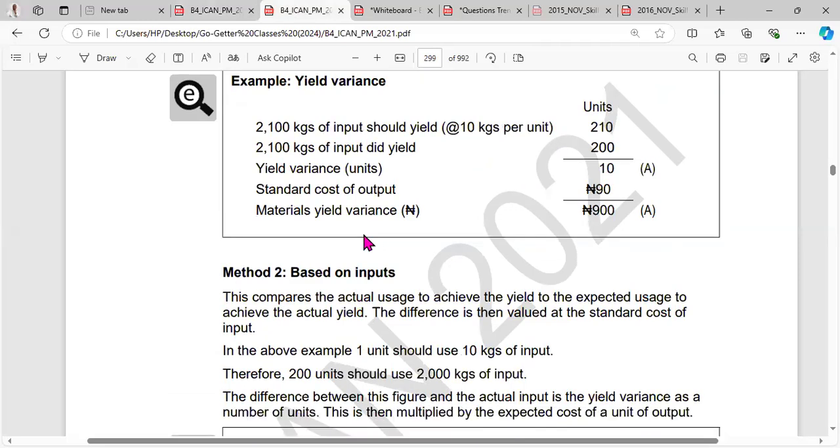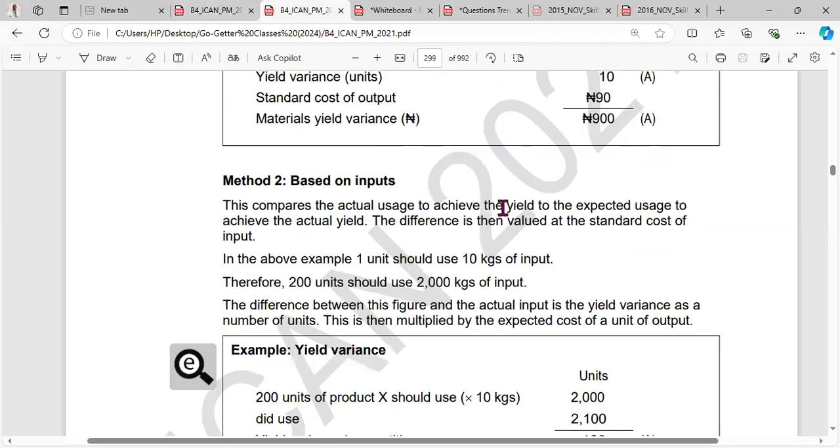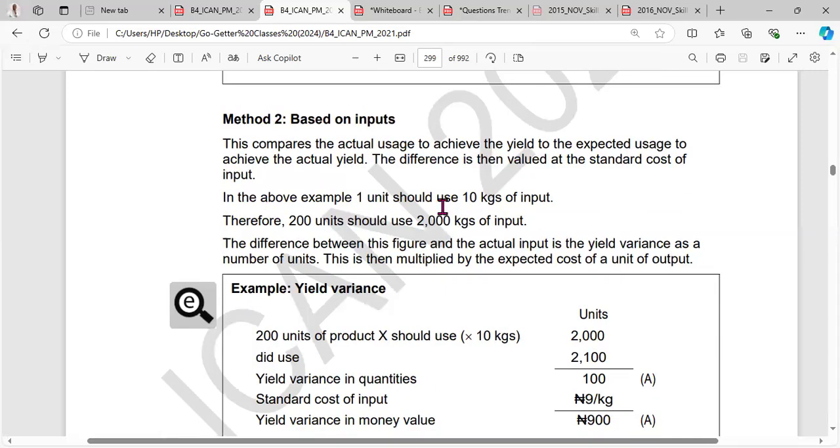Now that's method one. Method two compares the actual usage to achieve the yield to the expected usage. So now look at what it means here. In the above example, 1 unit should use 10 kg of input.